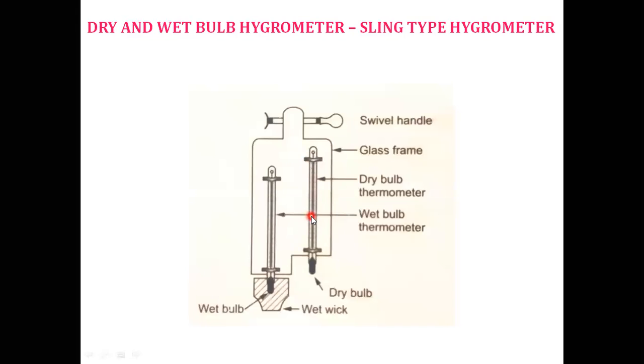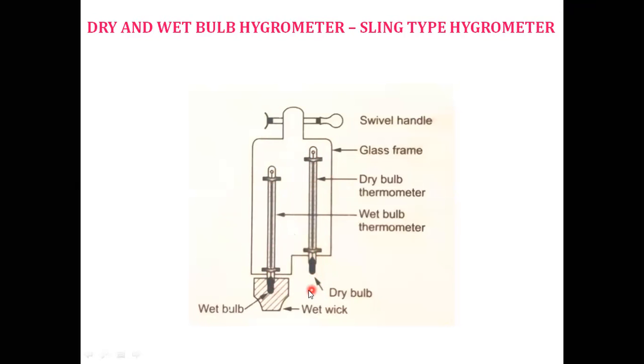It is provided with this glass frame. Inside this glass frame, I am inserting two thermometers. The first one is a dry bulb thermometer, and this is the wet bulb thermometer. For this dry bulb thermometer, I am not going to place any sort of wet structure.